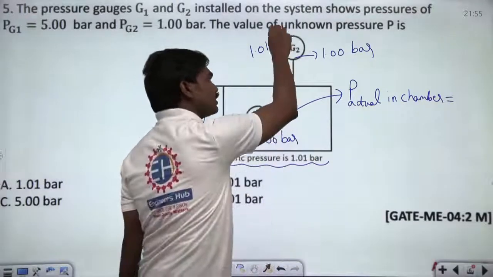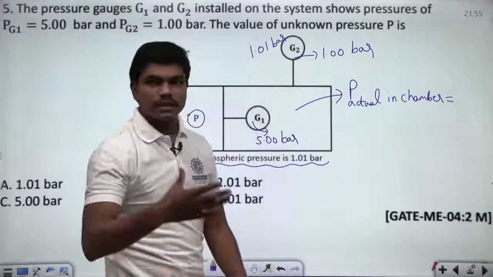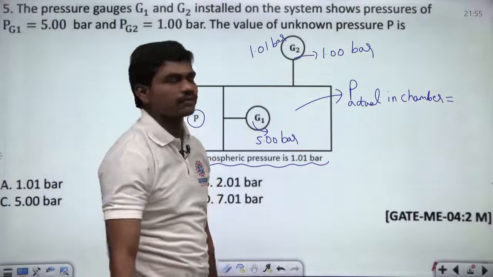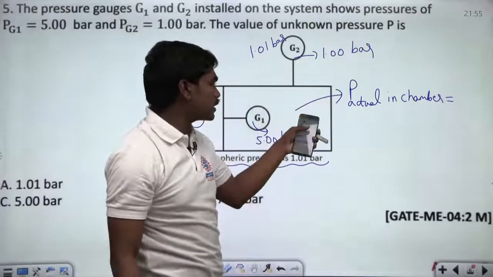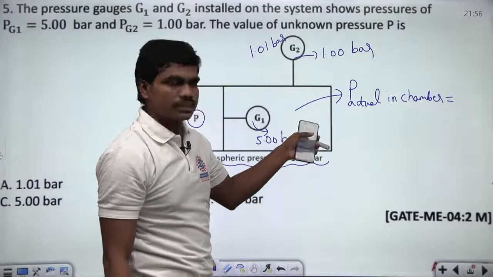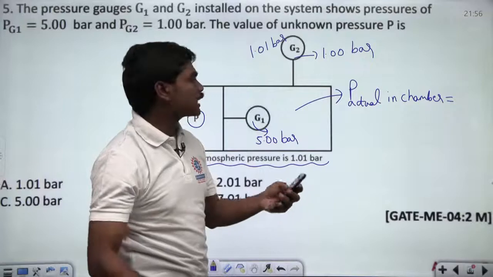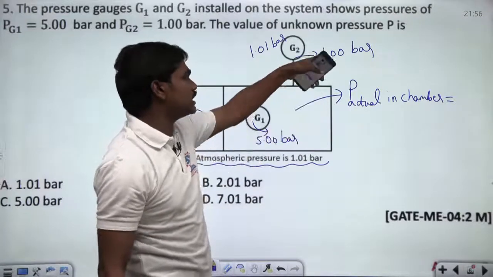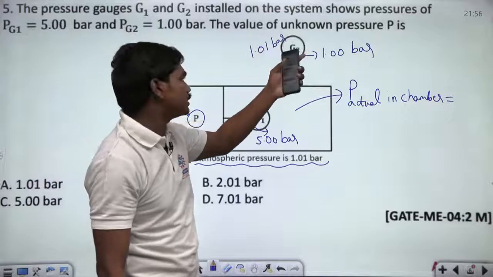Look, this gauge always gives you gauge pressure and 1.01 bar is the atmospheric pressure. Under the action of 1.01 bar atmospheric pressure, this gauge is capable of reading 1 bar. So which means the actual pressure inside this, what is the actual pressure inside this? I need your responses. I am waiting for your comments. So what is the actual pressure inside this chamber when the gauge is reading 1 bar with a surrounding pressure of 1.01 bar?